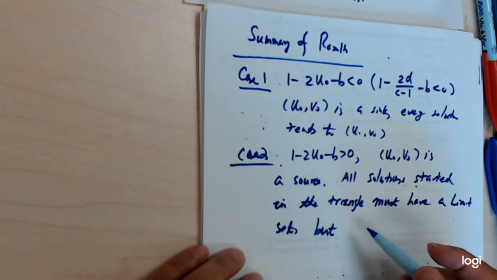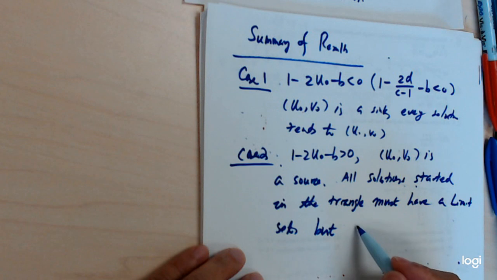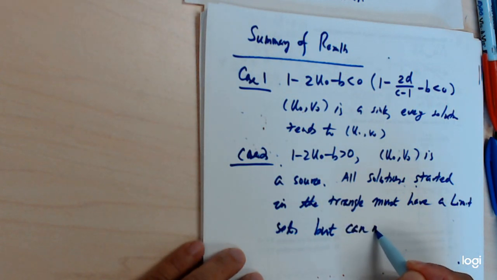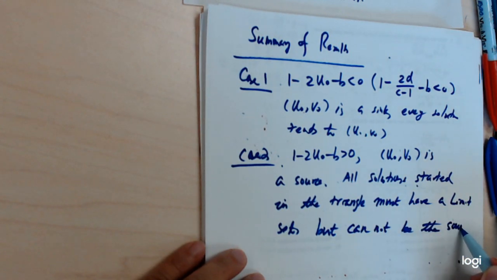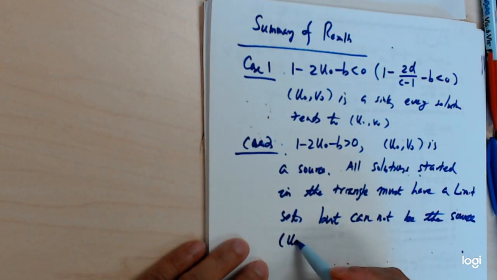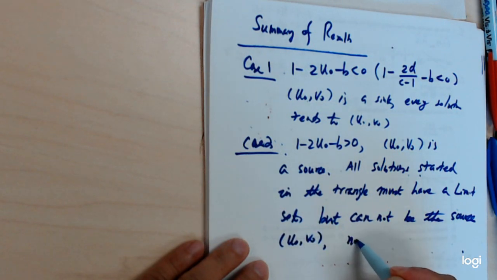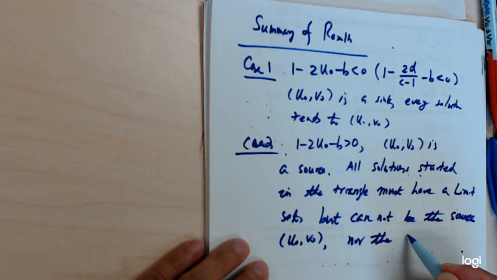But it cannot be the source because the source is unstable, or the other saddle points.